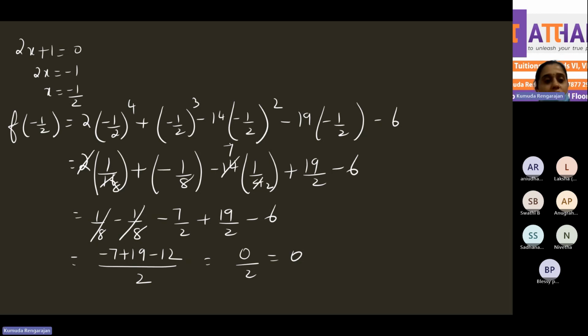Okay, next we have to check if f of x is divisible by x minus 3. So x minus 3 is equal to 0, x is equal to 3.